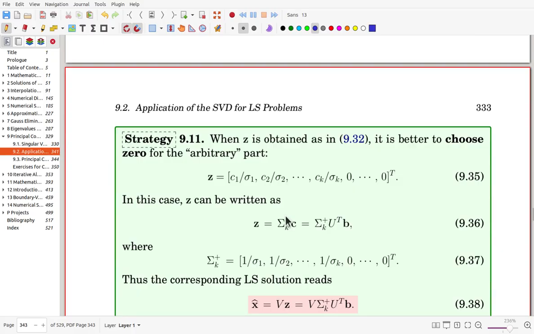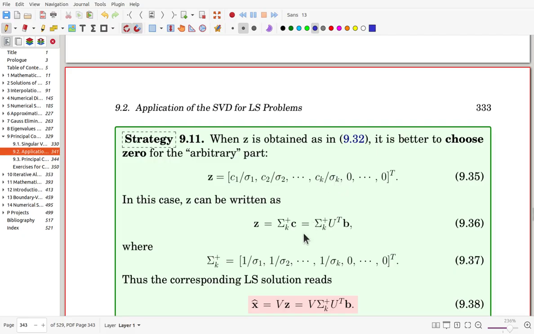In this case, z can be written as this one. Now, that is sigma k plus, the k means that only k components, and of course that is pseudo inverse, so that we consider only k components and their reciprocals to make the pseudo inverse. Sigma k plus times c will make that one.